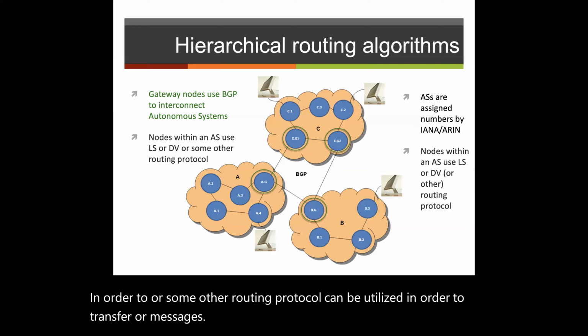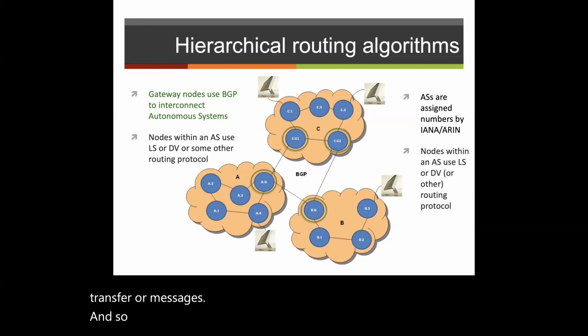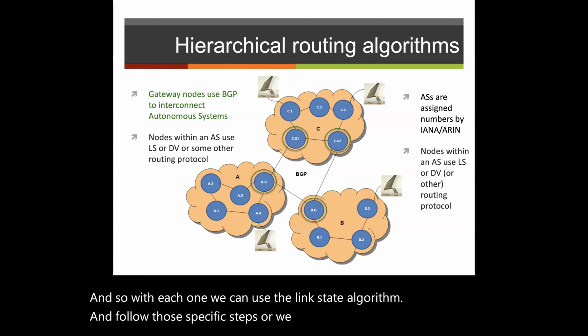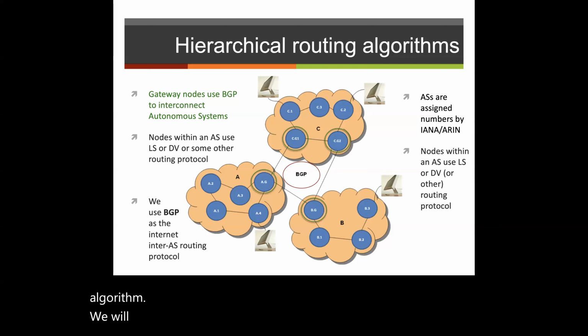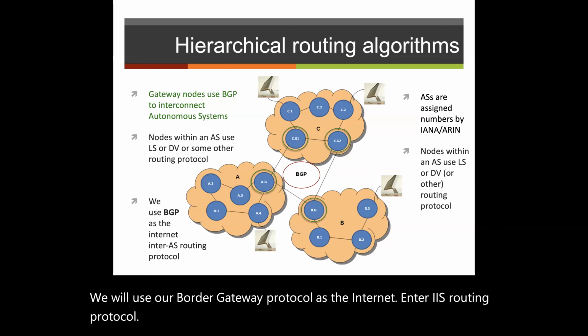And so with each one, we can use the link state algorithm and follow those specific steps, or we can use the distance vector algorithm. We will use our border gateway protocol as the internet inter-AS routing protocol in this case.